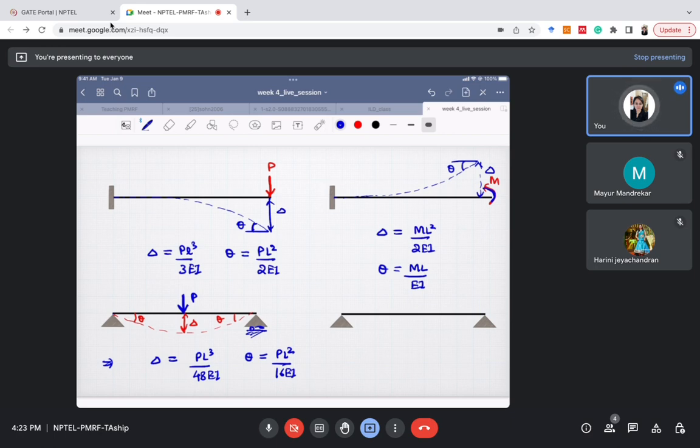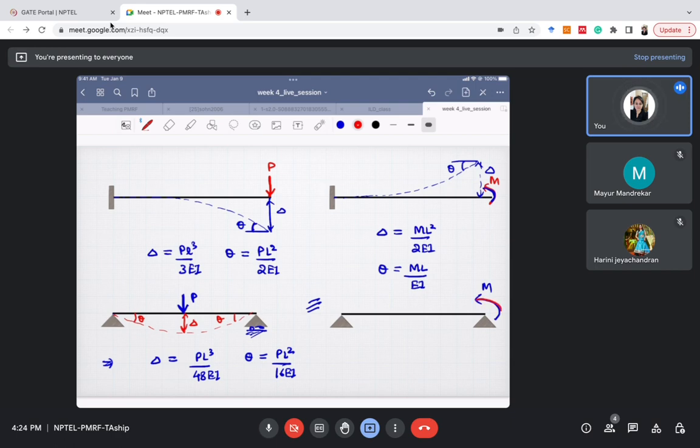There are a lot of formulas, but these are the most important ones. So one more: the fourth case, on which one question came in 2020, which is very important. How will this beam deflect when we apply a moment here?